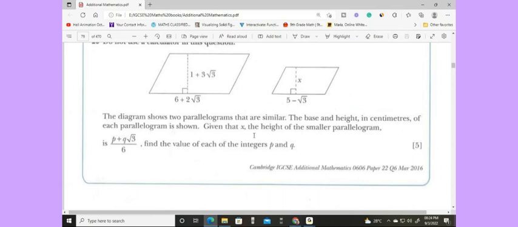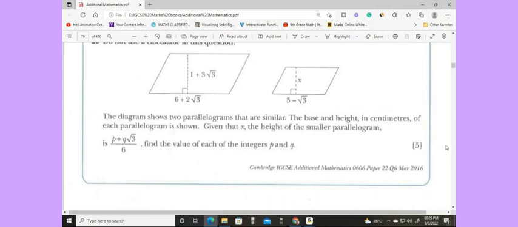Show that x, that is the height of the smaller parallelogram, is (p plus q root 3) by 6. Here x is equal to this. Find the value of each of the integers p and q. Now, with the help of the concept of similarity, we are going to solve this question.